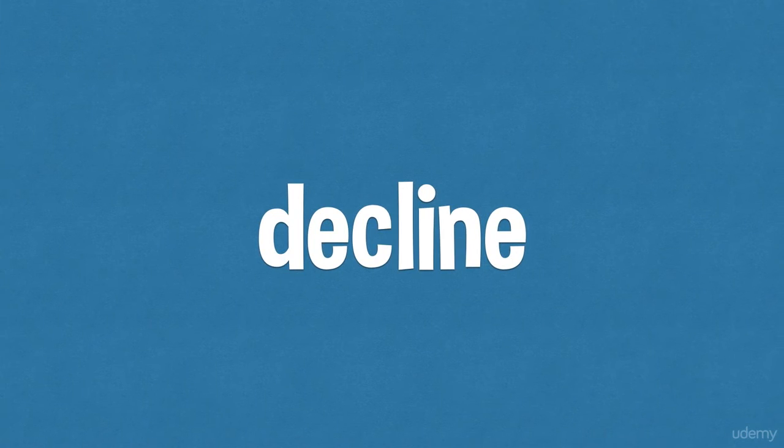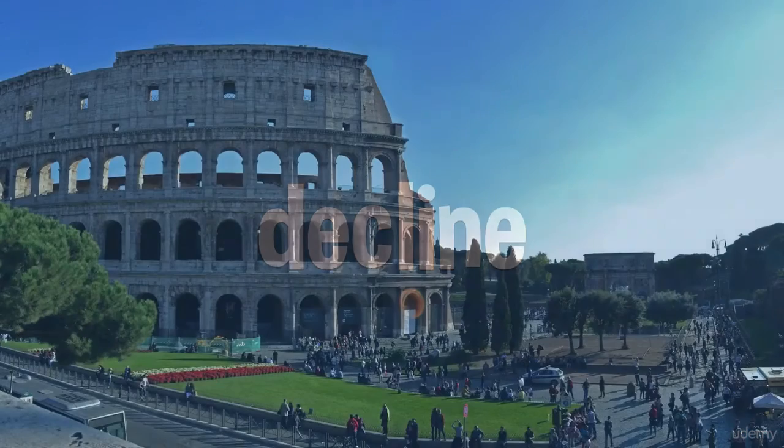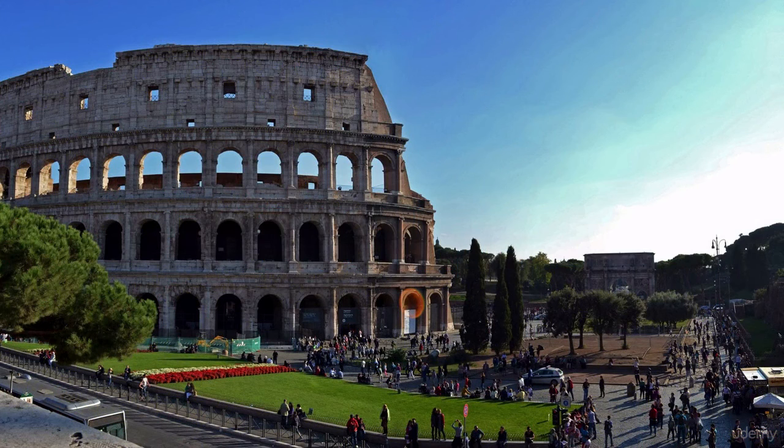Your next word is decline. Similar to decrease and fall, it's a general word for something going down. Historians often talk about the decline of the Roman Empire. The Roman Empire gradually, over hundreds of years, got weaker until eventually it stopped existing.